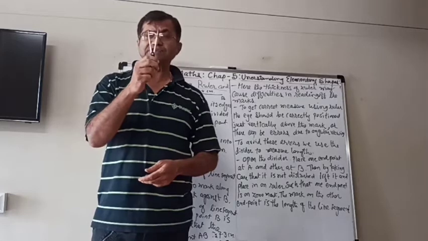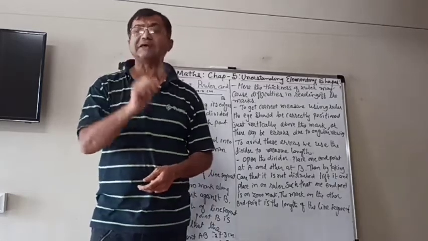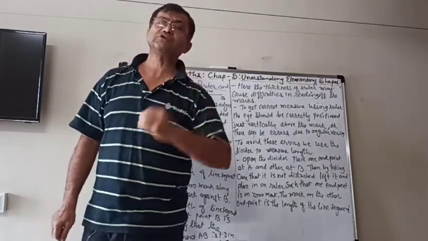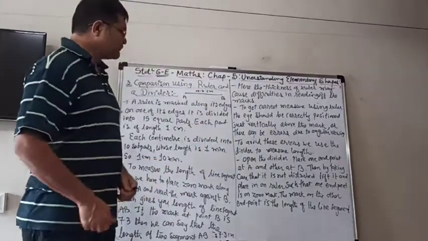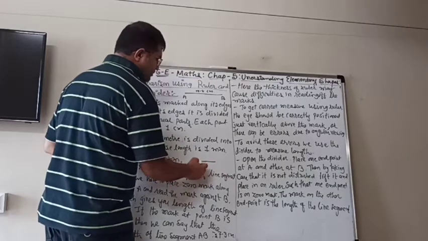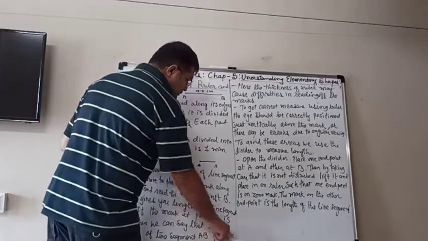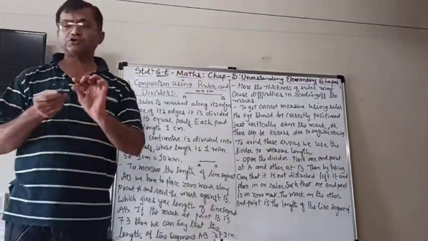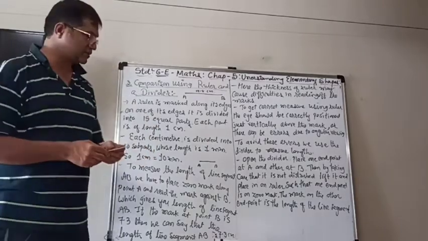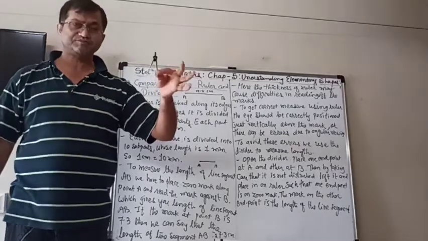Actually, the divider is used for measuring the accurate length of a line segment. I'm going to show you how we can do that, to find the length of a line segment exactly. Suppose this is the line segment AB here. Now if I want the exact measurement of that, I have to make the divider wide such that you can see the two ends of this divider.